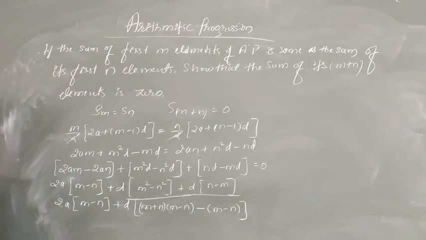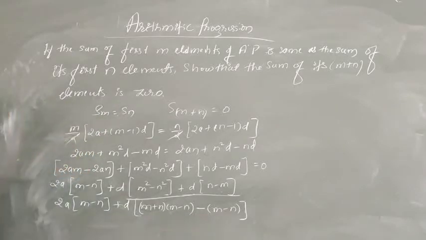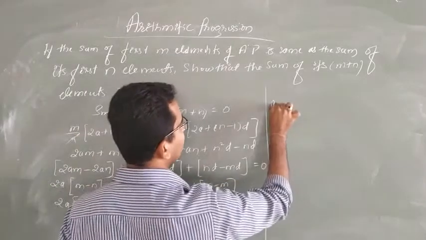So among all those, I will take m minus n as the common factor. When I take that, m minus n is the total common multiple.